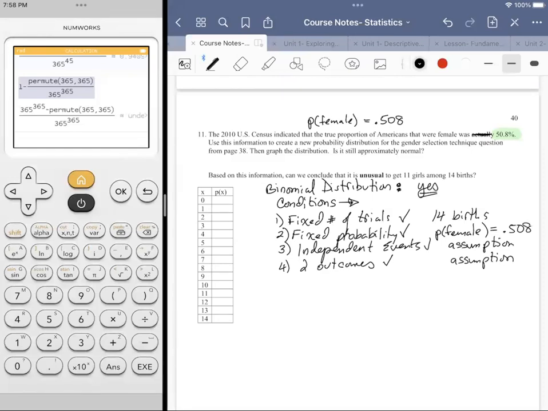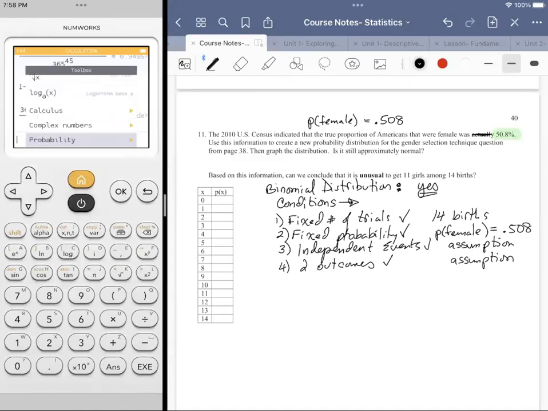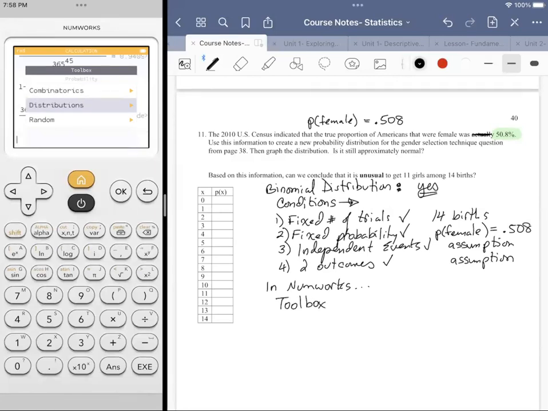So let me take you to that. I go into the toolbox. Again, if you're starting from scratch, right from the beginning, it lands you here. You scroll down to probability, distributions. So in the NumWorks, toolbox, probability, distributions.